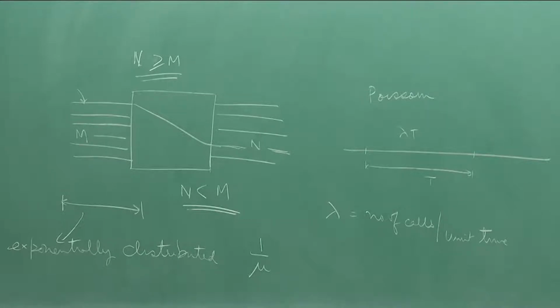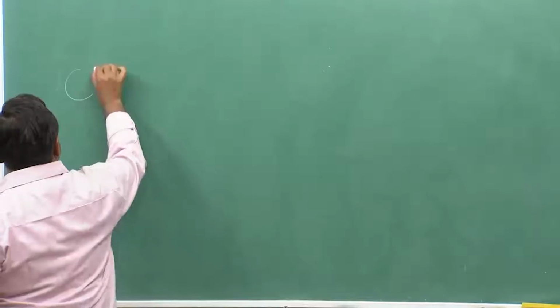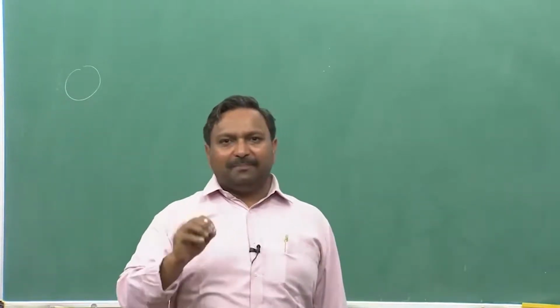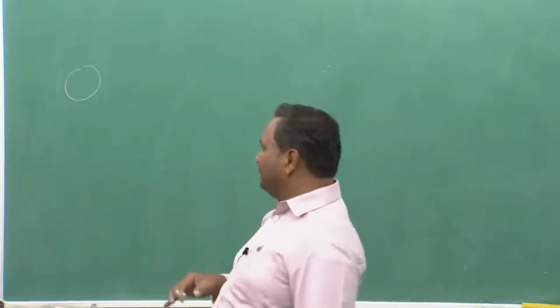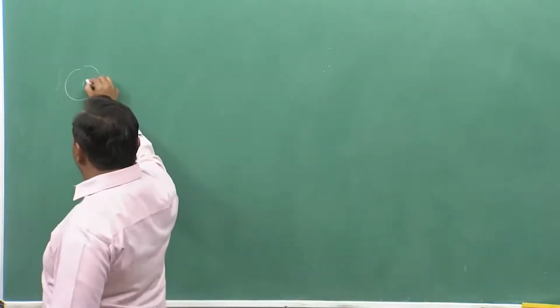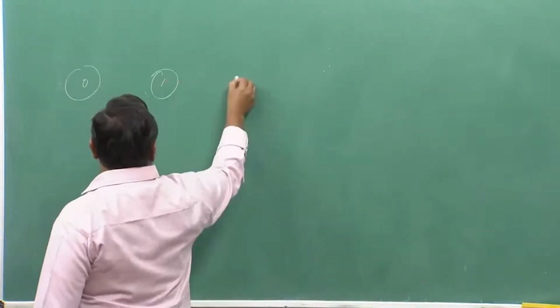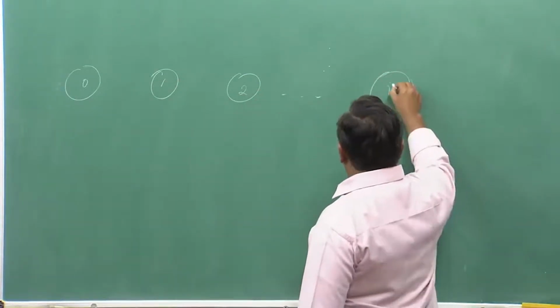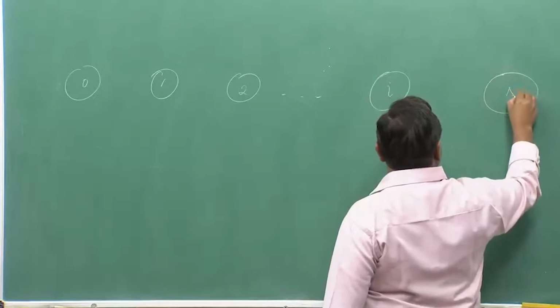So, what I will do is represent states with these small round circles. I can be in state 0, state 1, state 2 and so on, in some state i and in some state n.